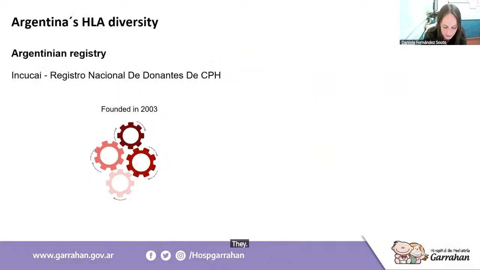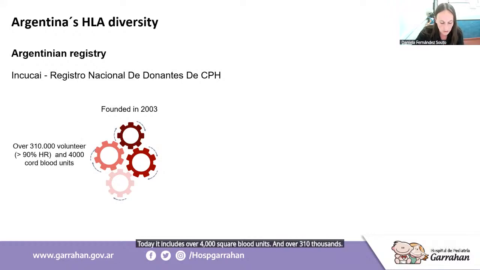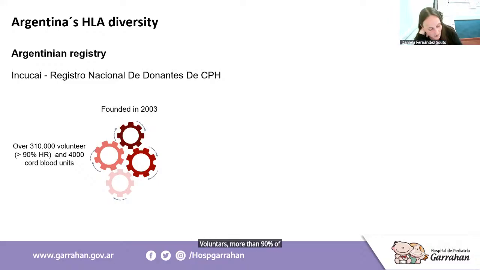The Argentinian registry, known as INCUCAI, was established in 2003. Today, it includes over 4,000 cord blood units and over 310,000 volunteer donors, more than 90% of whom have been typed at high resolution level.